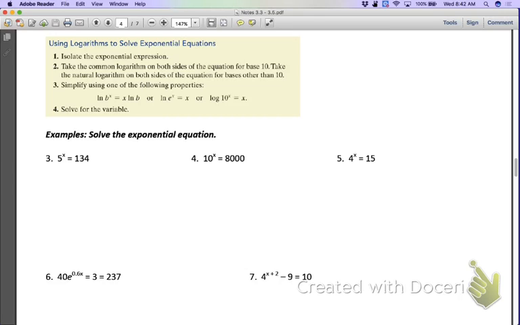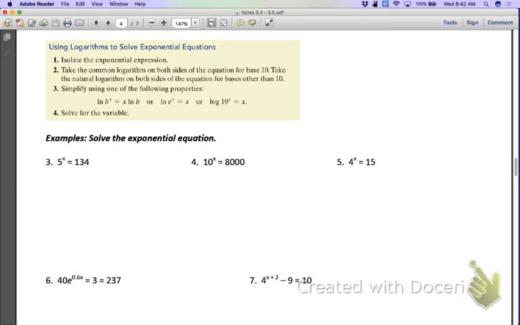So in this case, if I have 5 to the x power equal to 134, turn it into a logarithm. Remember, an exponential is just another form of a log, so I'm going to rewrite this. If I have 5 to the x power equals 134, I'm going to go log base 5 of 134 equals x. Remember, the 134 comes over, and the exponent goes on the other side.